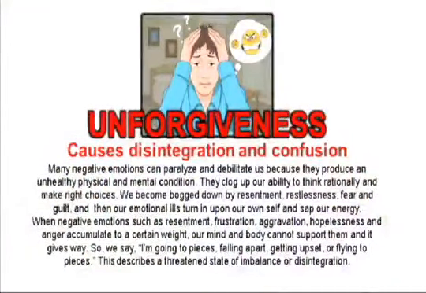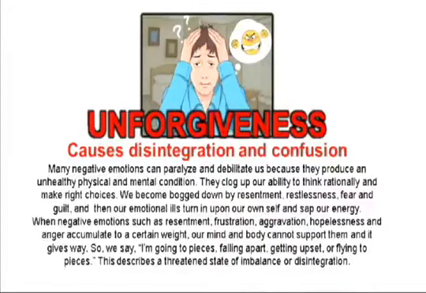It says, unforgiveness causes disintegration and confusion. Remember, this is their words, not mine. It says, many negative emotions can paralyze and debilitate us because they produce an unhealthy physical and mental condition. They clog up our ability to think rationally and make right choices. We become bogged down by resentment, restlessness, fear, and guilt, and then our emotional ills turn in upon our own self and sap our energy.